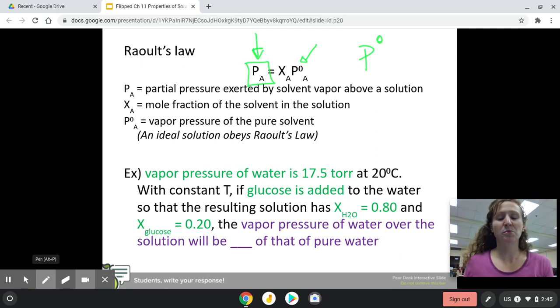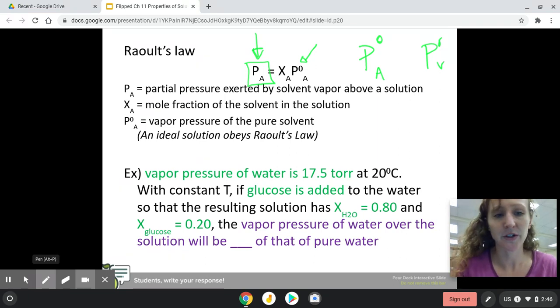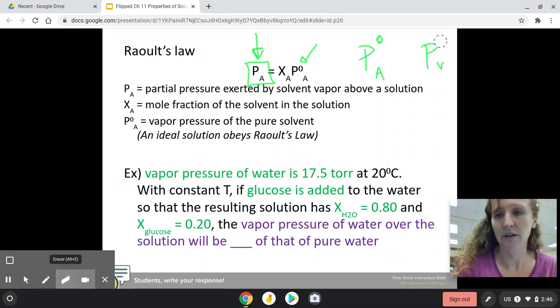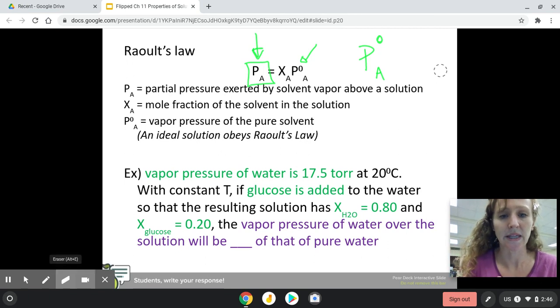So before your experiment started, you would have P naught or concentration naught. So that degree symbol is an indication of the initial state of being. And then A is talking about the vapor pressure again. We could call it P naught V, for the original vapor pressure, but for some reason they're using A's and not V's right now. So let's just roll with the A.